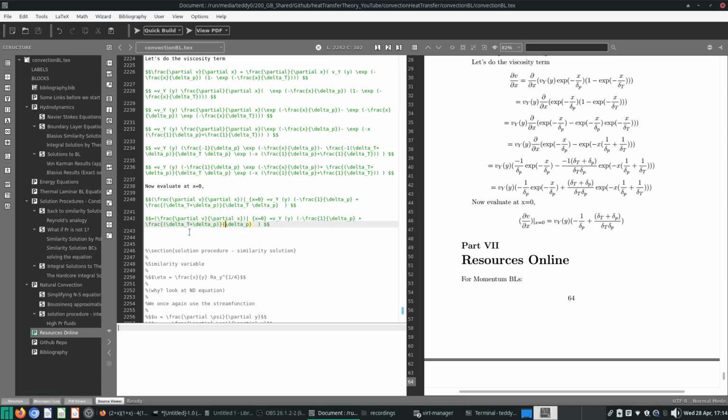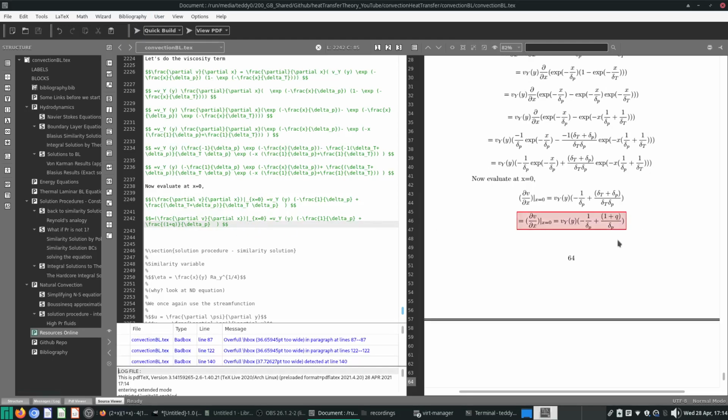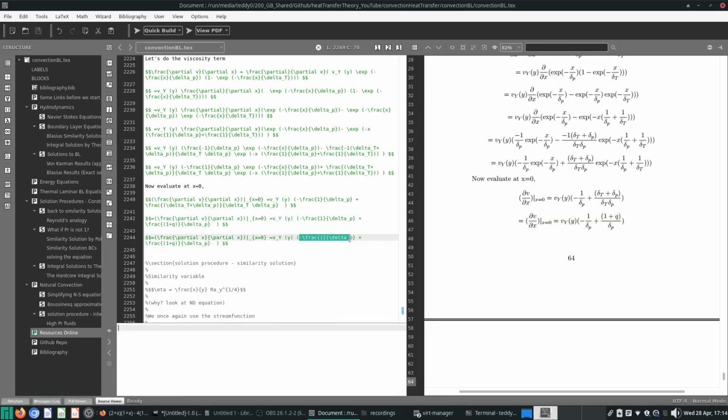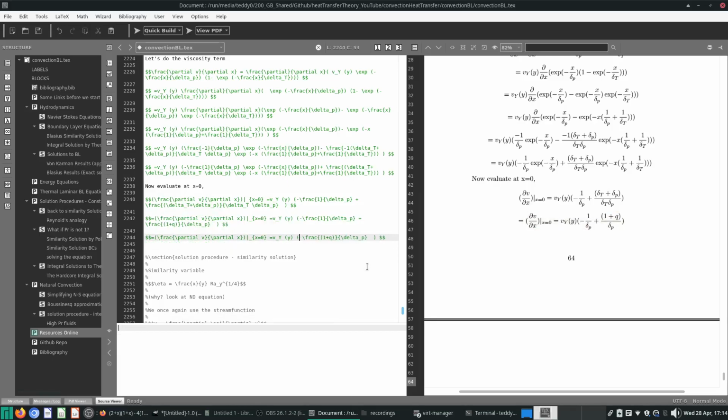The top will be 1 plus q. This is convenient. It will just reduce everything down to q over delta p. Wow, that was a lot easier than the first one.